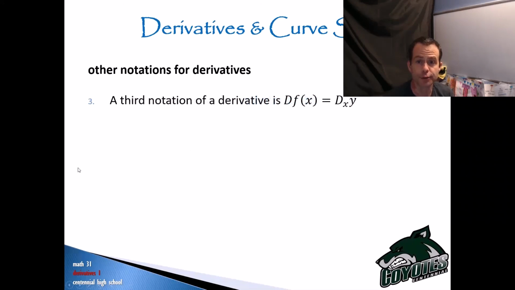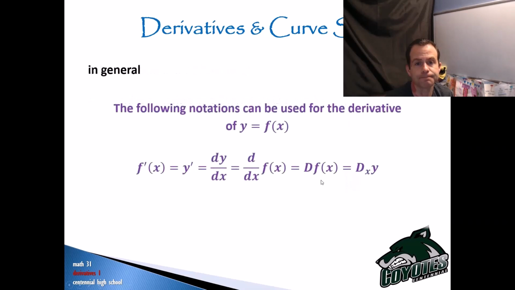And then a third notation of a derivative is d subscript x of y. So the following notations can be used for the derivative of y equals f of x.